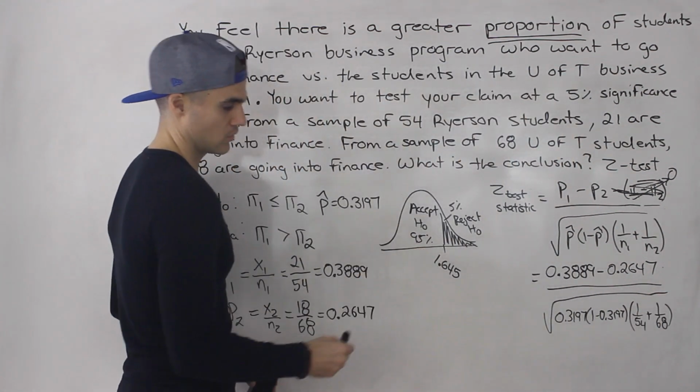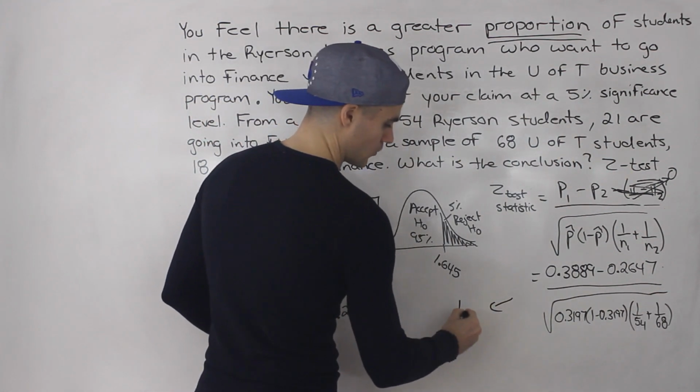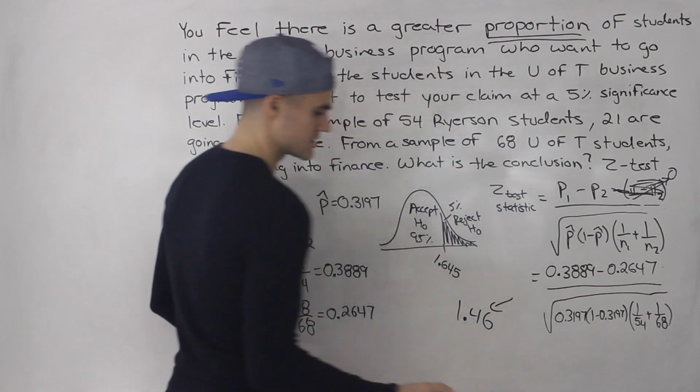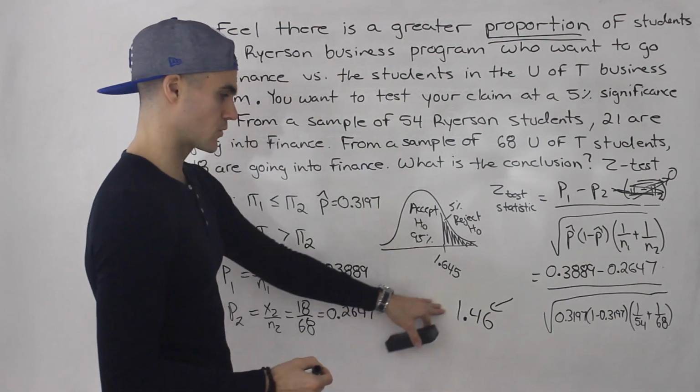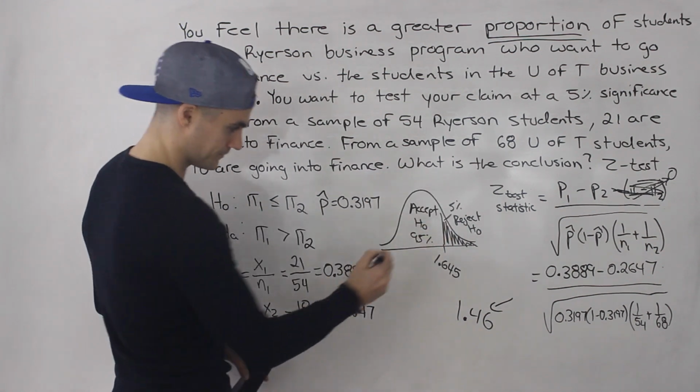And when you do that whole calculation, you'd end up getting 1.46 in your calculator. So where does 1.46 fall in this diagram?